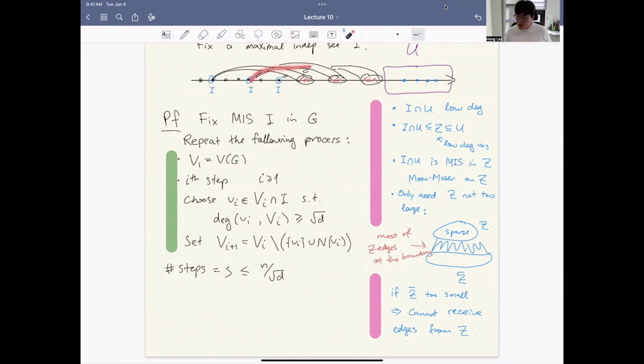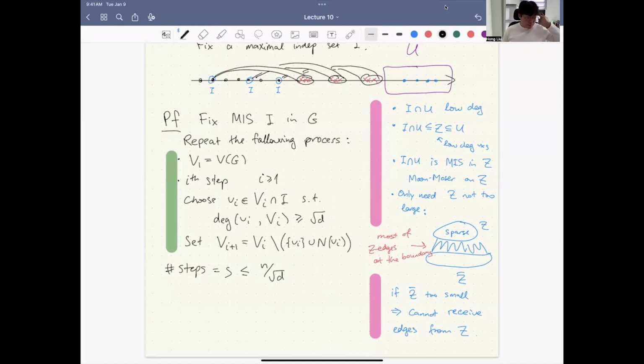At every step, when we update to the next set, we remove at least square root D vertices. We remove at least square root D plus 1 vertices, in fact. So you cannot go more than this many steps. If you go more than this many steps, there's not enough vertices to remove. Okay, so the number of steps is small. This is when D is sufficiently large. This is at most epsilon n. Keep in mind. Okay, it's small.